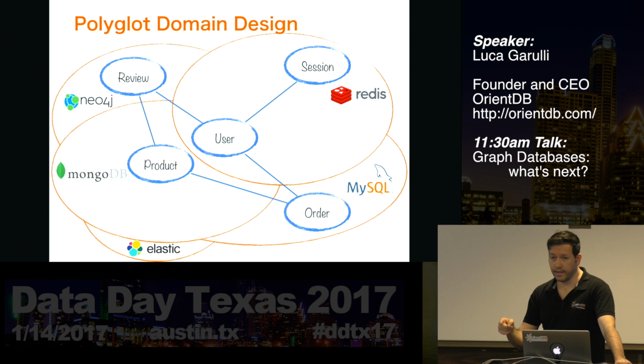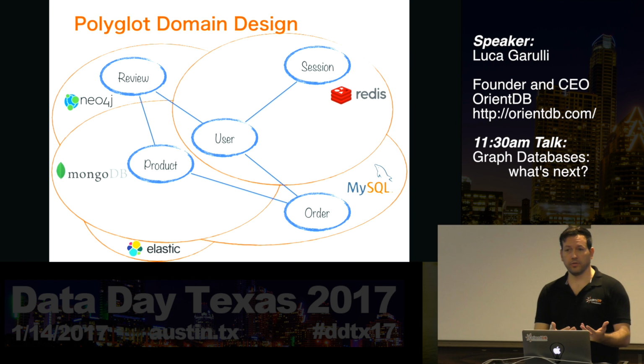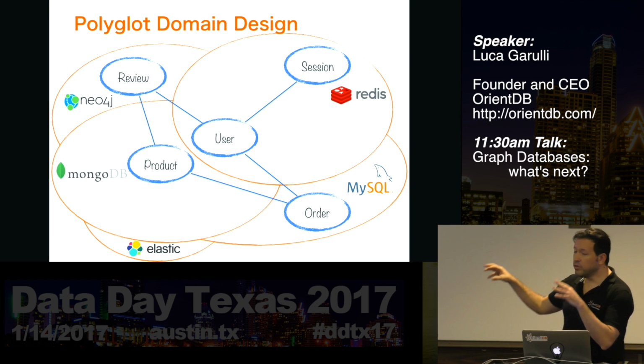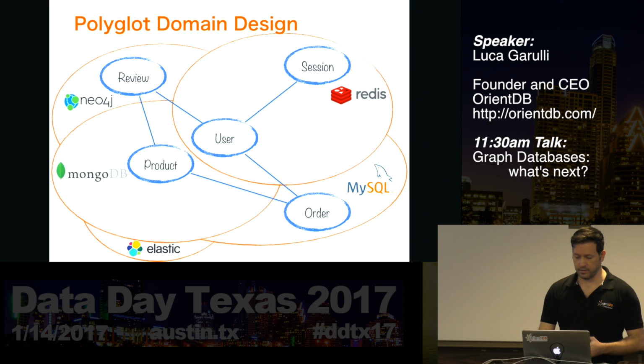You should write ETL to move data between databases, or the application, when creating a new user, creates it across different databases. For example, a review needs to be aware of the product, so maybe I store the reviews on Neo4j, and the reviews have to hold the information about the product they are reviewing. So all this data can be spread across different kinds of databases.